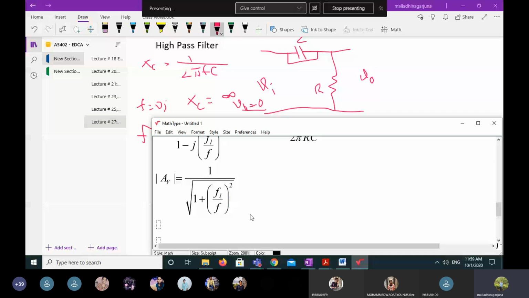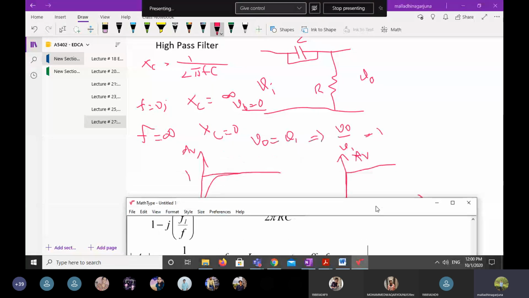Where FL is the lower cutoff frequency. For a high pass filter, we get the lower cutoff frequency.